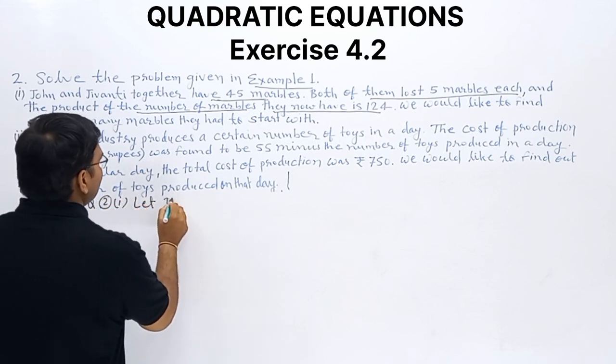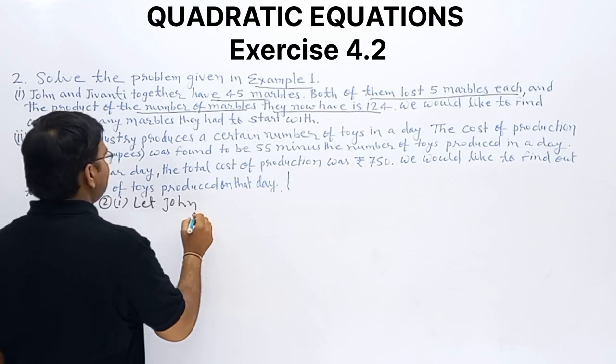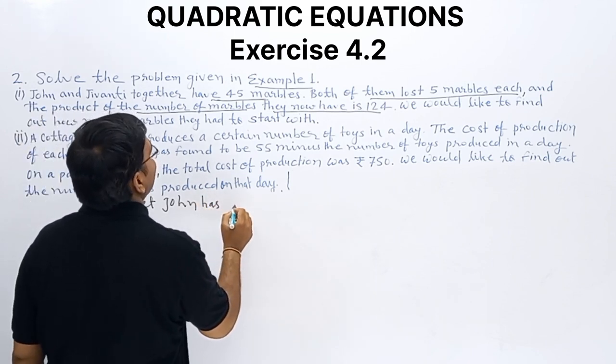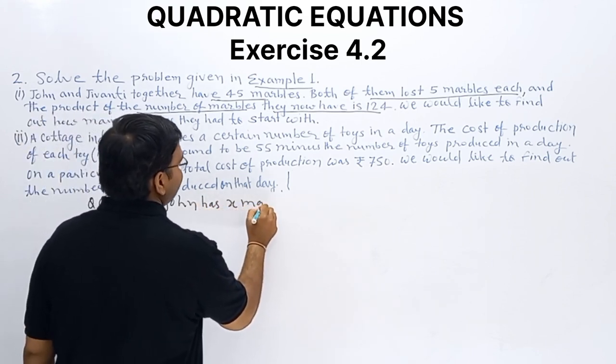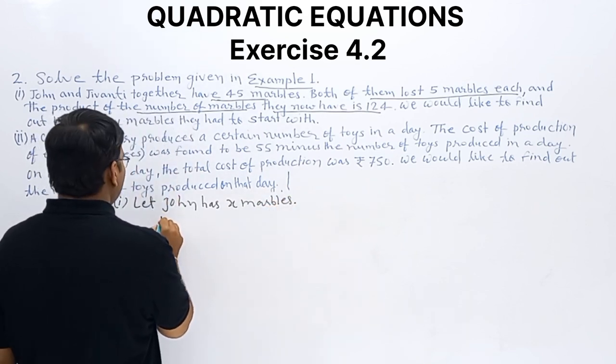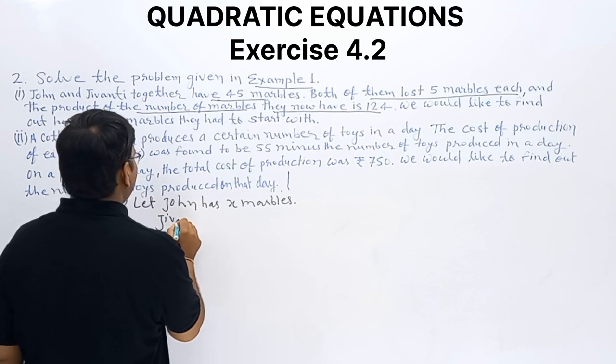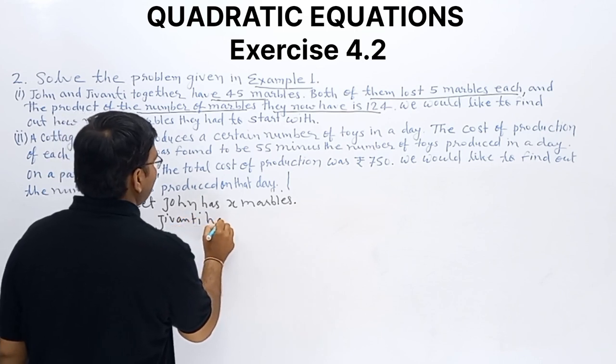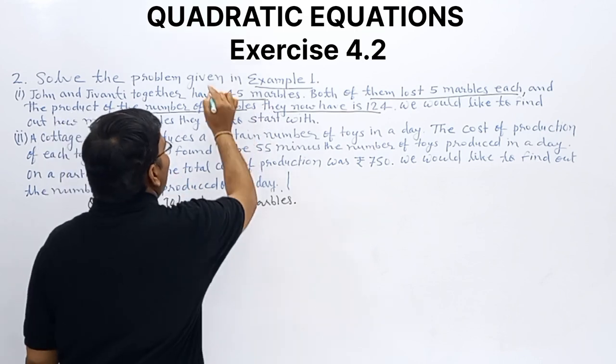Let John have X marbles. So Jivanti has, total marbles are 45.